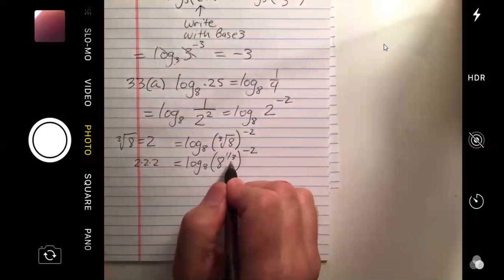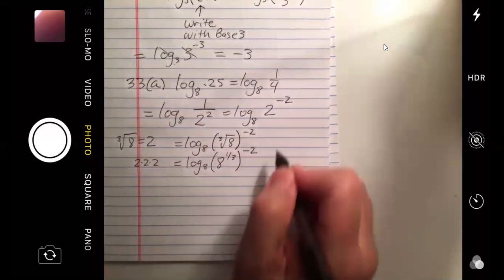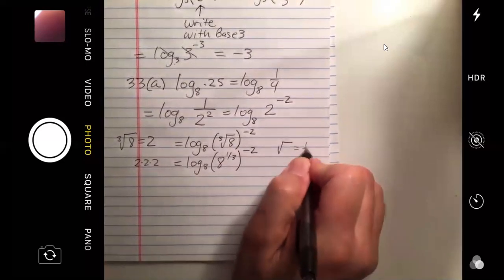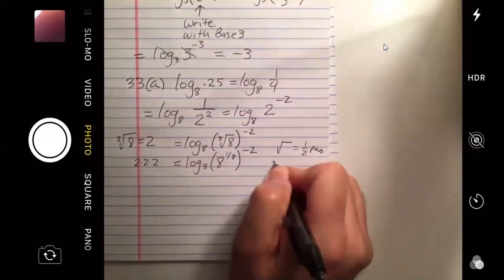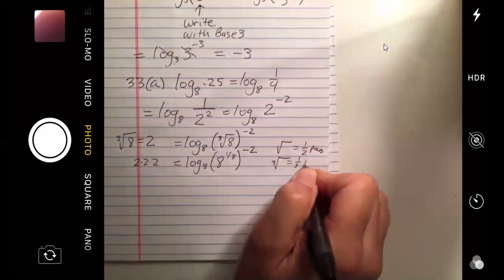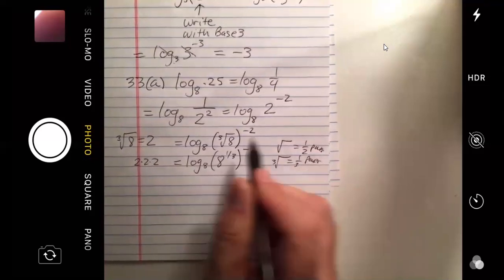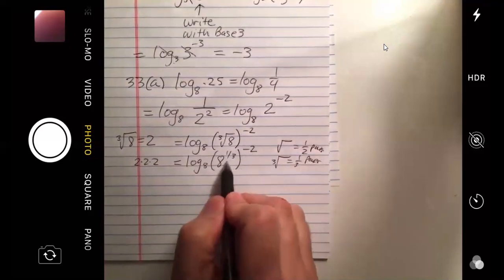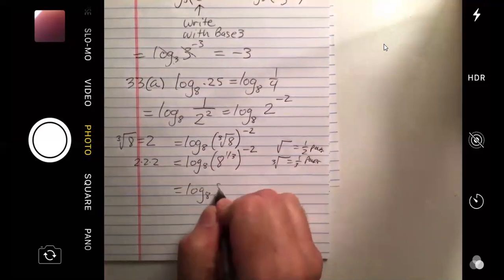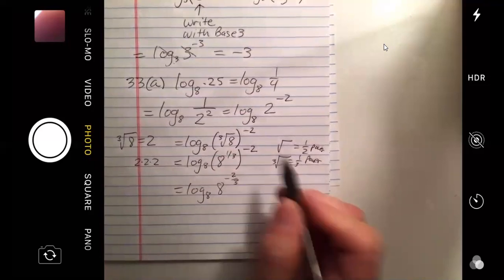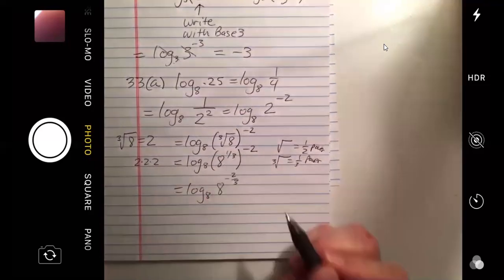Now, the square root is a half power. If you remember, square root is a half power. Third root is a 1/3 power. I can now raise to these powers by multiplying. Log base 8 of 8 to a -2/3 power. -2 times 1/3 is -2/3.